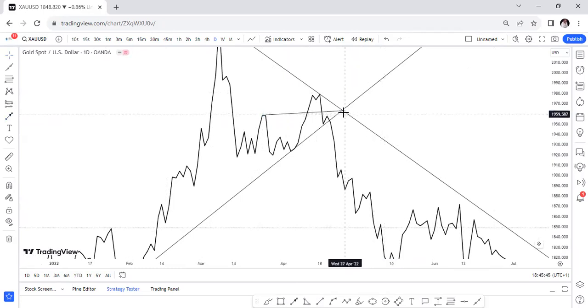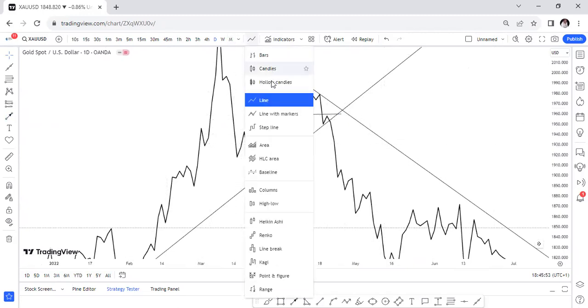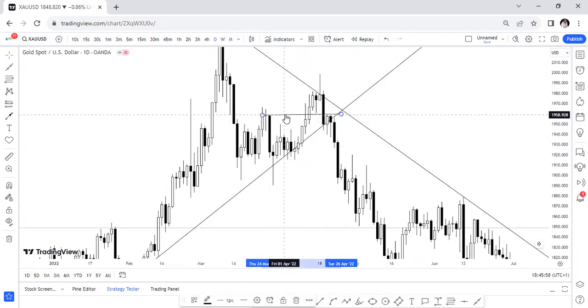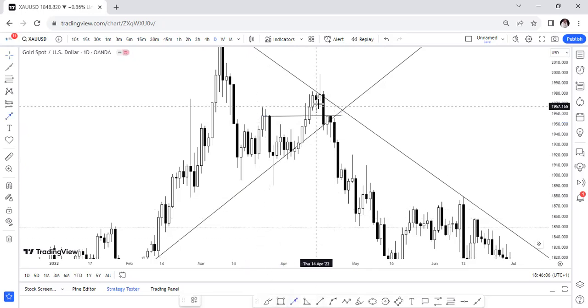If we have an SNR here that price taps into, it makes that place become beautiful. If you look at the candlestick, you can see that we have an SNR here, and price tapped into it. So it gives you a good opportunity to sell here.